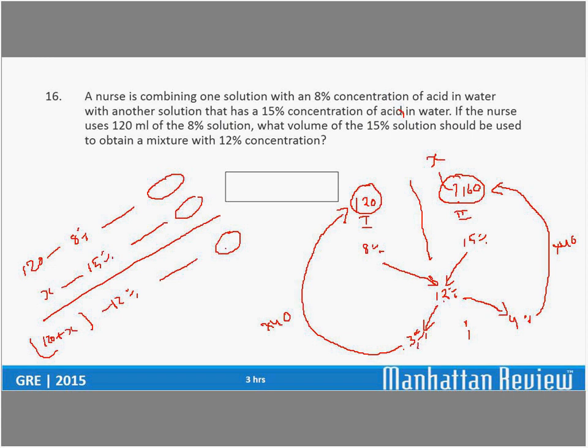Again, the solution should also be in the ratio of 3:4. So if I take 3 portions as 120, 4 portions is how much? That should be 160. You drop 160 in the box. That's it.